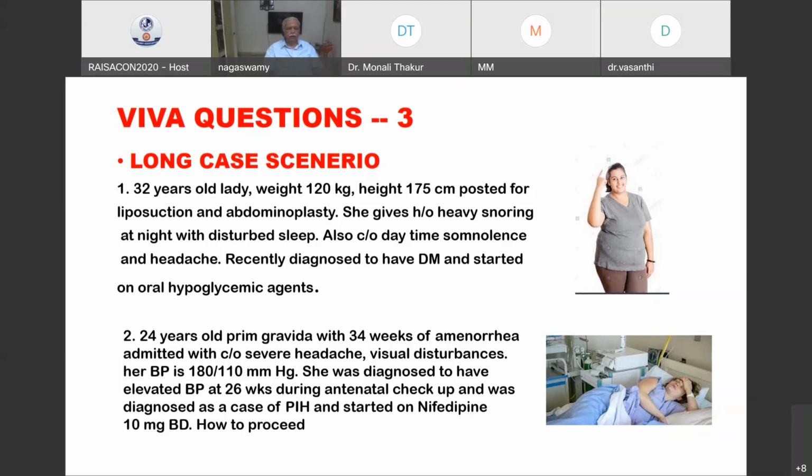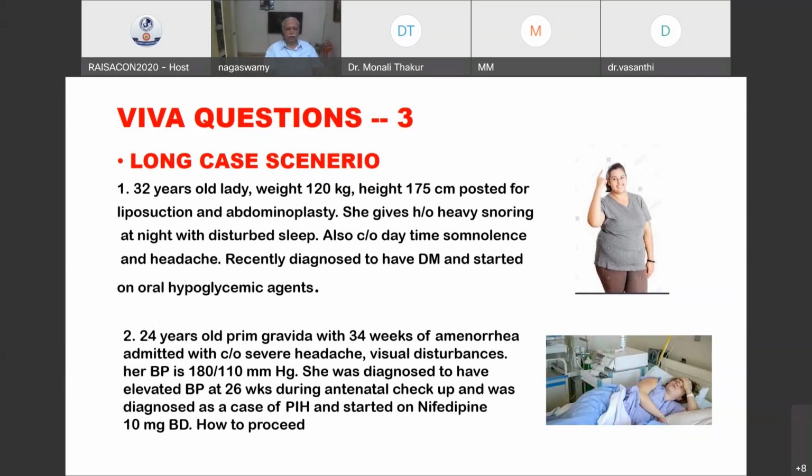And what about this OSA? What problems can it give you? What are all the things that you have to know about OSA? Can these patients tolerate opioids like normal patients? No, sir. They will be very sensitive to opioids.